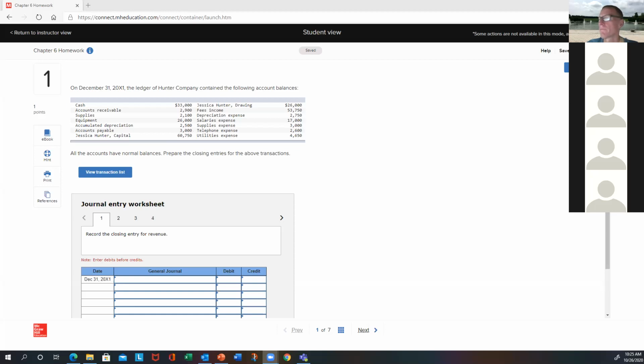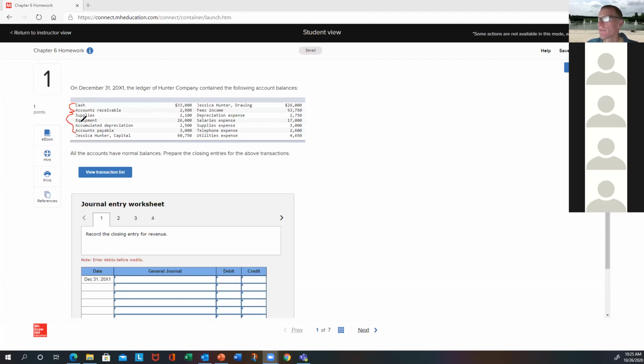And by the way, one more thing. Remember I talked earlier about temporary versus permanent accounts. There's going to be several accounts, lots of information they'll give you in this chapter. Some of the accounts we will not even work with. They're just going to be in there. So we don't have to worry about cash or accounts receivable or supplies.